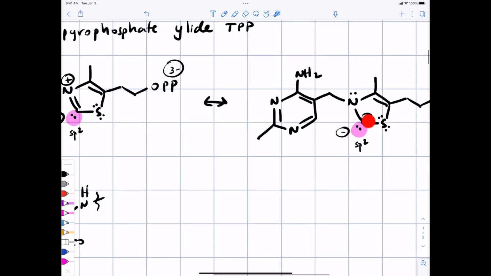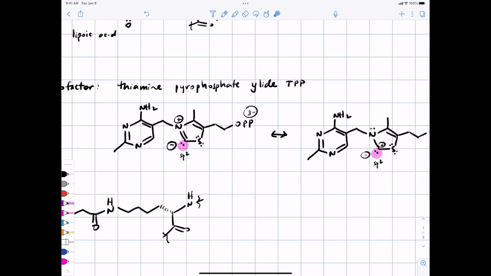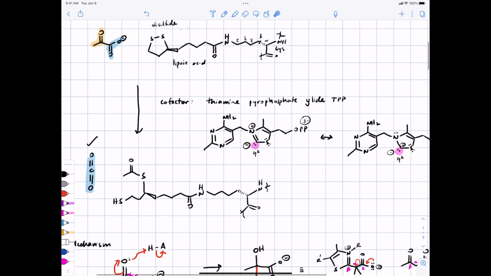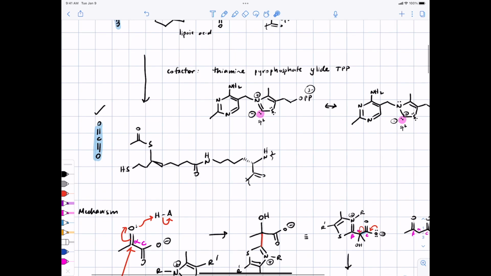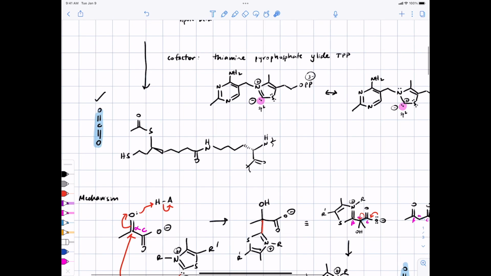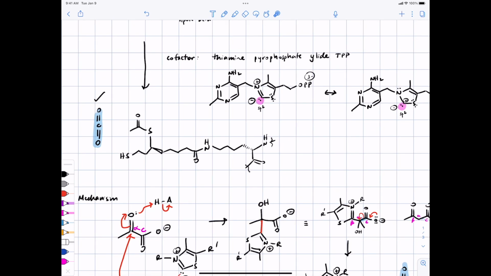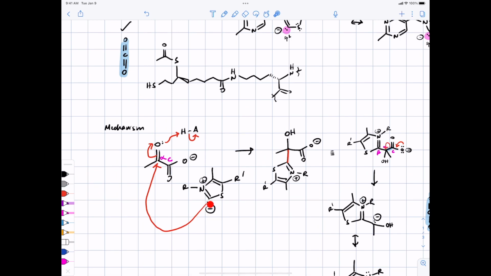But that unique characteristic allows thiamine to act both as a nucleophile and then later on as a place for electrons to go. So we showed the negatively charged carbon of thiamine attacking the ketone. Mechanistically, this step here is exactly the same as we did for making an imine. A nucleophile attacks a ketone.